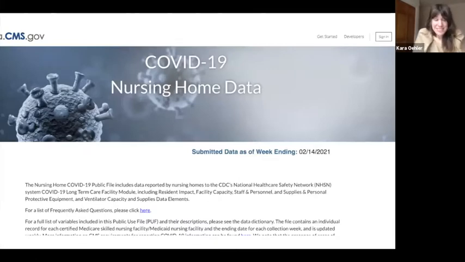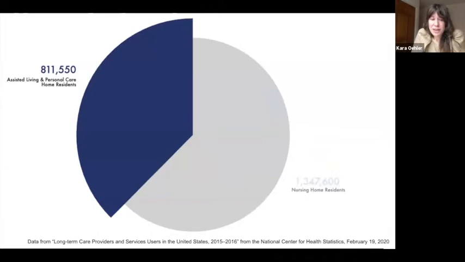Next slide. There's a data set that we're talking about now, which is very similar and much more standardized than what the states provide, and that is the CMS's nursing home data set. The only issue, well, one of the issues, is that it represents fewer people. According to the National Center for Health Statistics, in a report released last year, there are about 1.3 million residents that live in nursing homes, and then assisted living and personal care homes, residential care homes, have a little over 800,000.